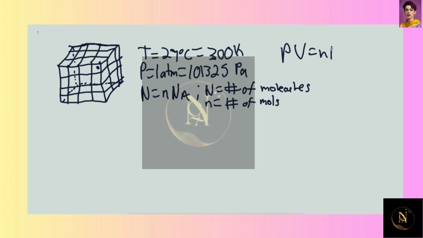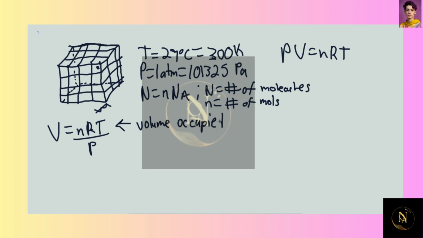So let's first manipulate the ideal gas law and say that V would be equal to nRT over P. This is going to be the volume occupied by this entire gas.